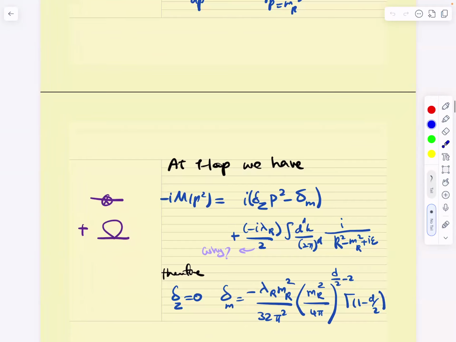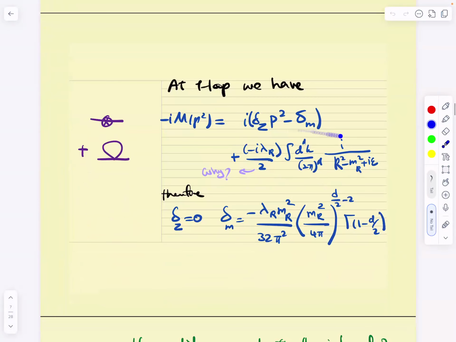Good? But you have a little bit of a problem. The value of this diverges. Counter terms are divergent, their values. What are we going to do? What we're going to do is regulate it. Pick a regulator, renormalize your theory with the regulator, right?